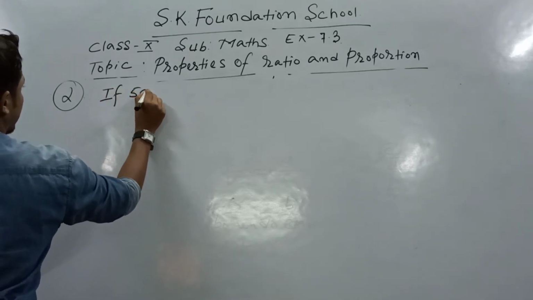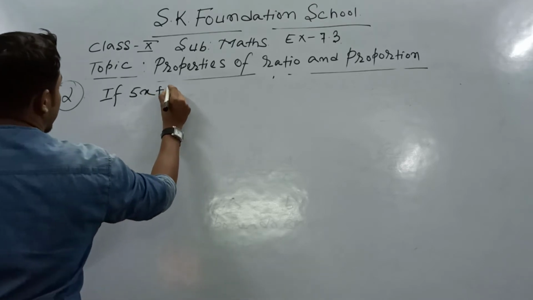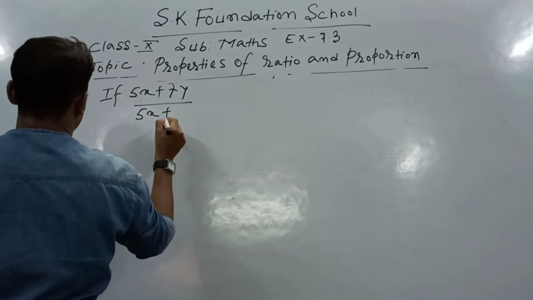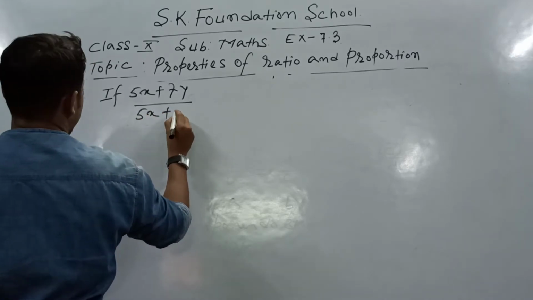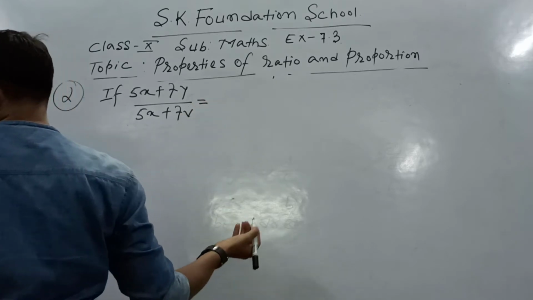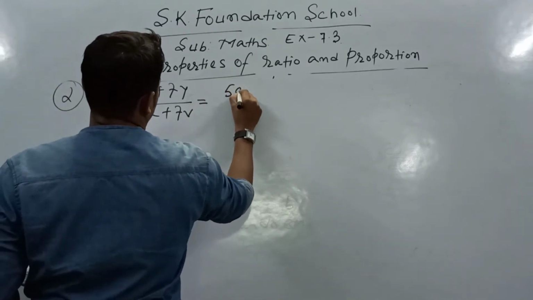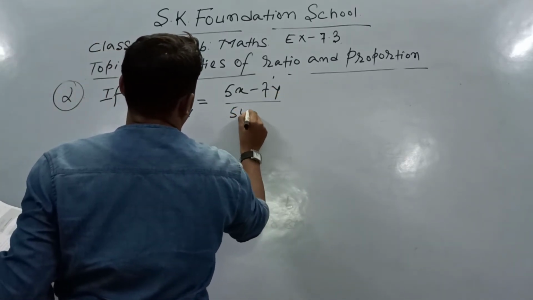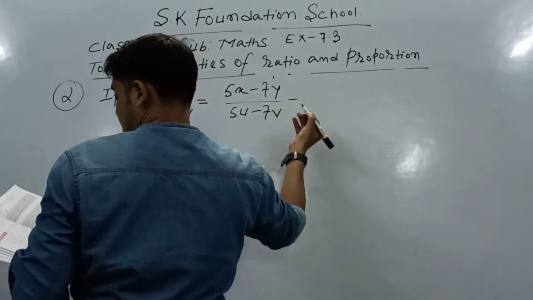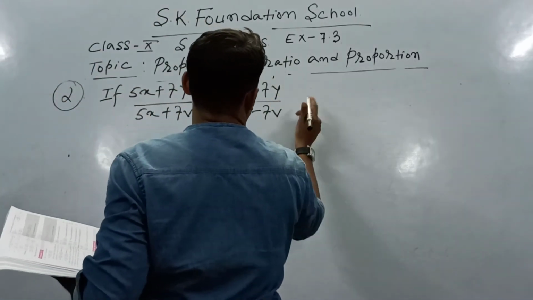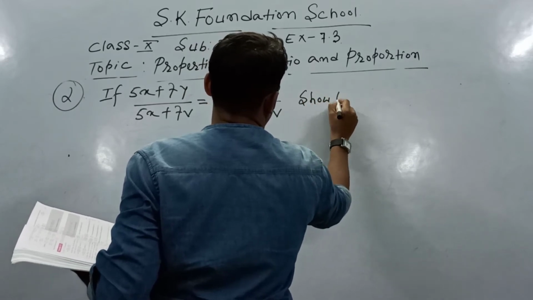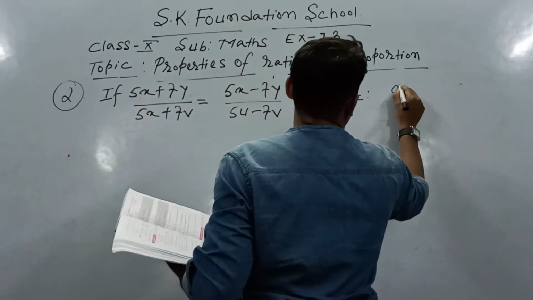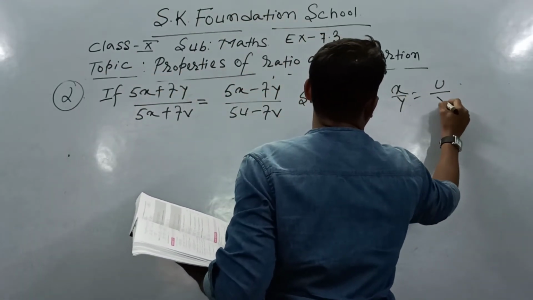If 5x plus 7y by 5u plus 7v equals 5x minus 7y by 5u minus 7v, show that x by y equals u by v.